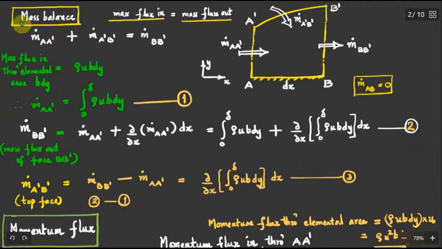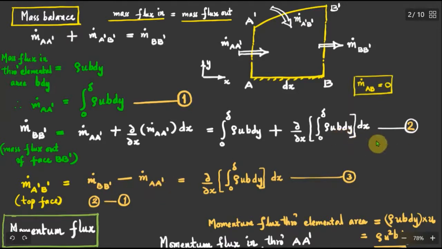We have already made a mass balance, that is m dot A dash plus m dot A dash B dash will be equal to m dot B dash. So the mass flux entering the control volume through the top face A dash B dash will be equal to the difference between m dot B dash and m dot A dash. So m dot A dash B dash is equal to m dot B dash minus m dot A dash.